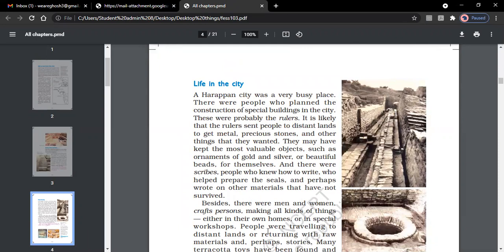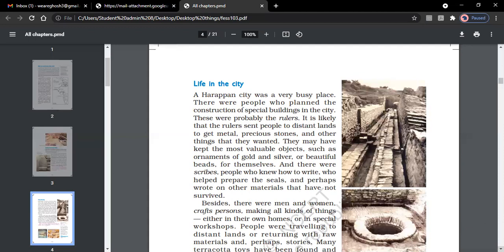People were traveling to distant lands or returning with raw materials. So here you can get a total of three questions: why was a Harappan city a very busy place, who are the scribes, and who are the craftspersons.